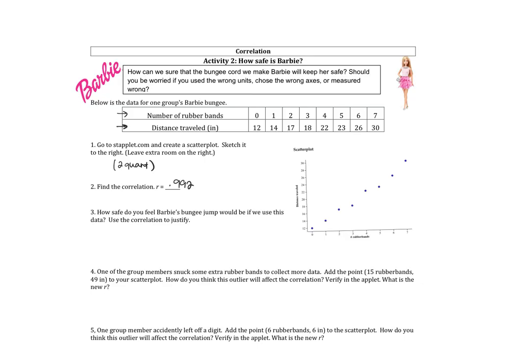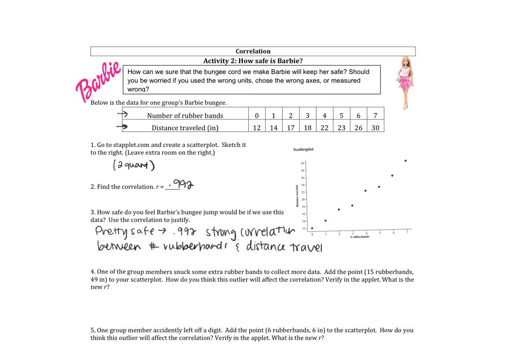So we would probably feel pretty safe because we've got a strong R value, 0.992, which shows us that there's a strong correlation between the number of rubber bands and the distance traveled.